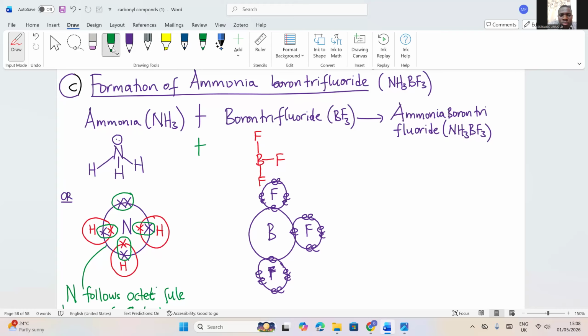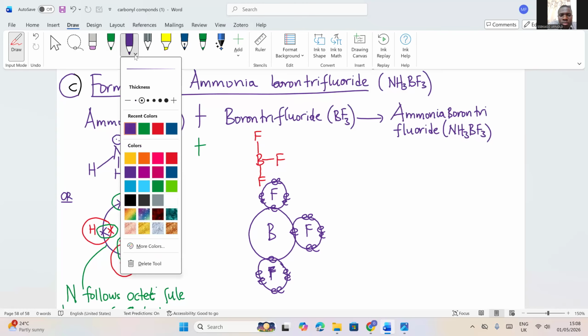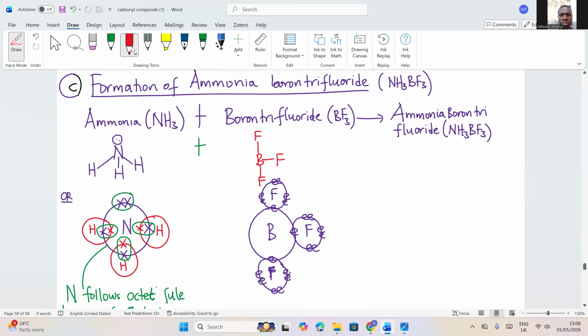So boron contributes, see, it has 3 electrons. There is that electron there, another one there, another one there. So fundamentally, that is how boron trifluoride looks.